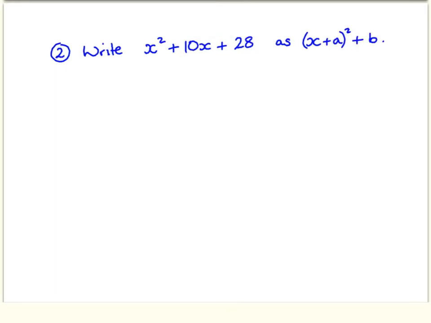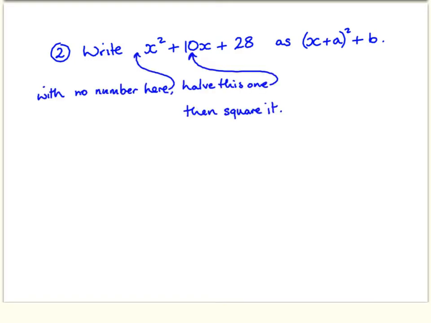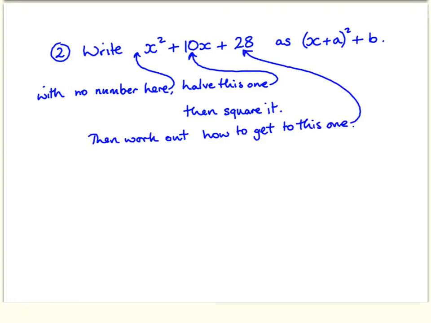Right, next. Okay, now, this is completed square form when you've got x plus a all squared plus b. The number to focus on is this 10. Okay, so that 10, half it, and then square it. So half of it is 5, squared is 25. Okay, so what you then need to do, count how to get to this number.